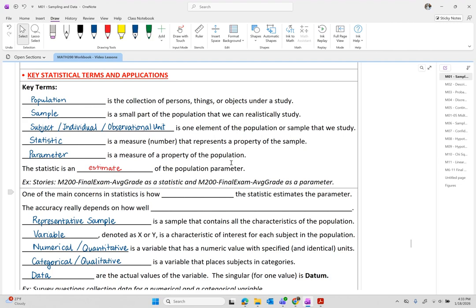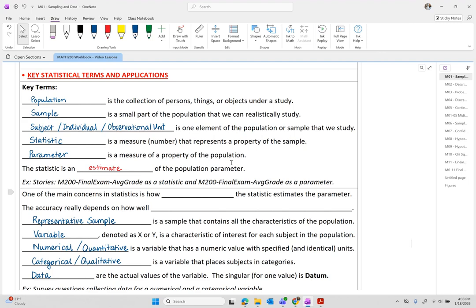So, for example, I will average the final exam grade of my students in my statistics class to use it as an estimate for the average of all statistics students for their final exam grade.